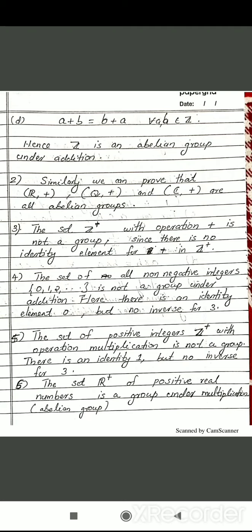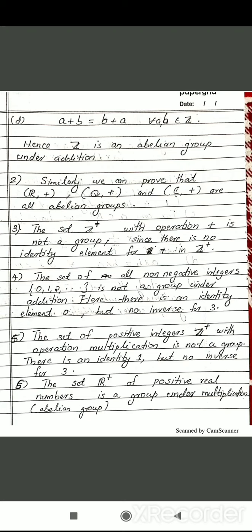Next, consider the set of positive integers 1, 2, 3, etc. with the operation addition. That is, (Z plus, +) is not a group. What is the reason? In order to prove that an algebraic structure is a group, first of all we have to verify whether the operation satisfies associativity.